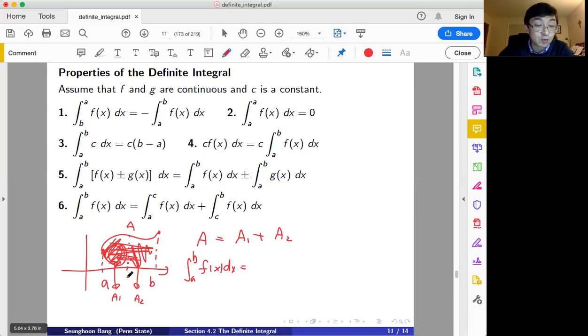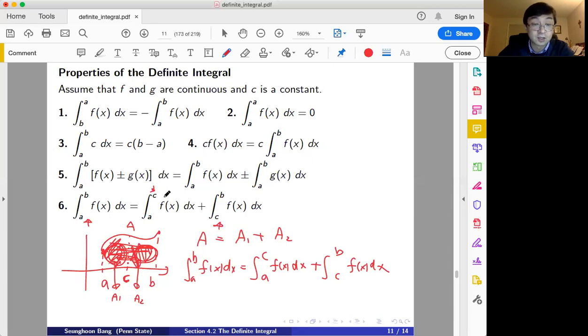The integral from a to the midpoint c of f of x dx, plus the second part from c to b, the integral from c to b of f of x dx. This is already true, right? So we can always split it.